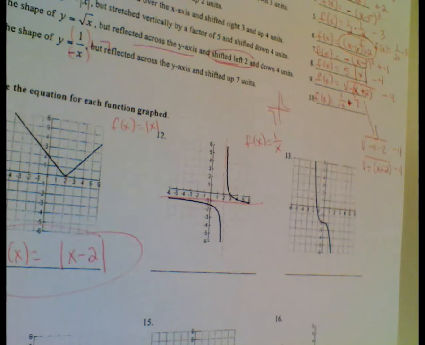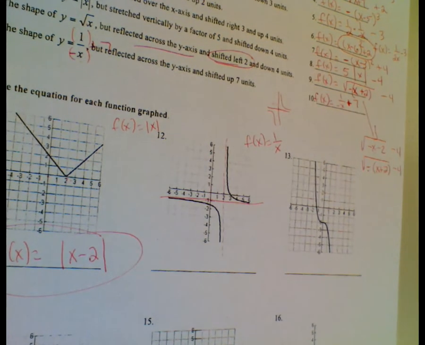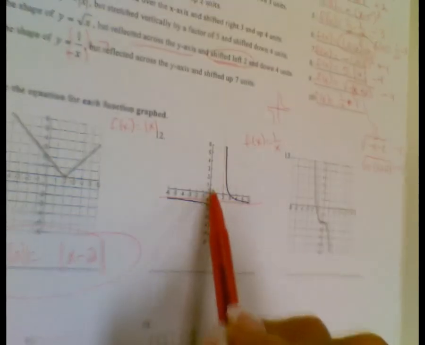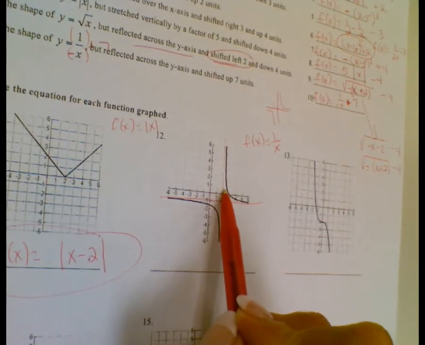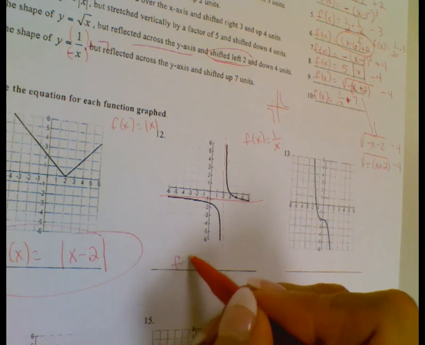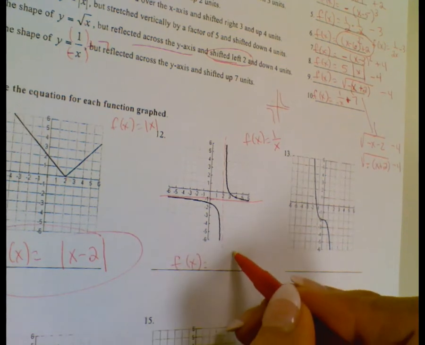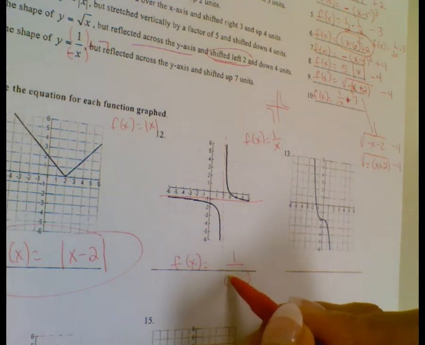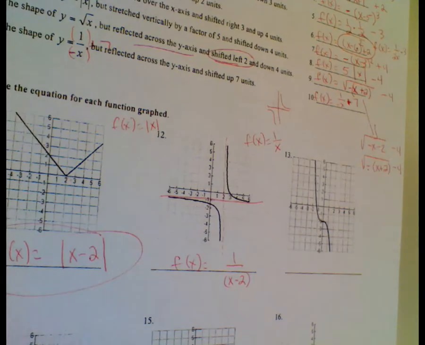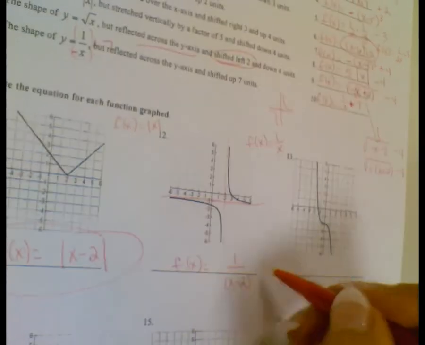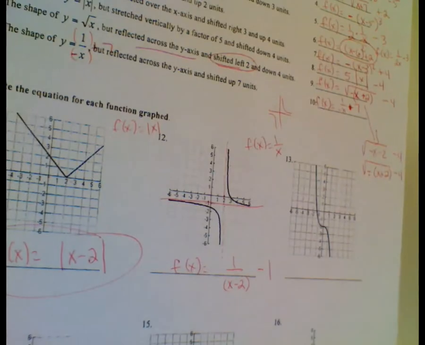So if you can actually draw asymptotes in, that helps you tell what the shifts are. So the vertical asymptote is originally the y-axis, and it shifted over 2 to the right. So if you're shifting something 2 to the right, it's got to kind of go with the x. 2 to the right looks like that. Then it went down 1, and that goes on the outside. And that's your answer.